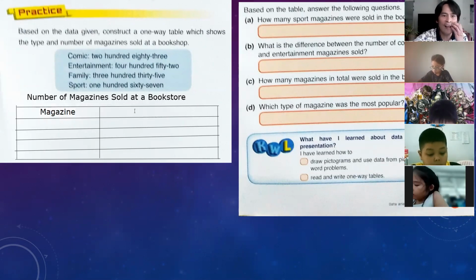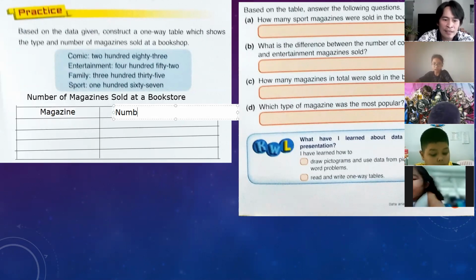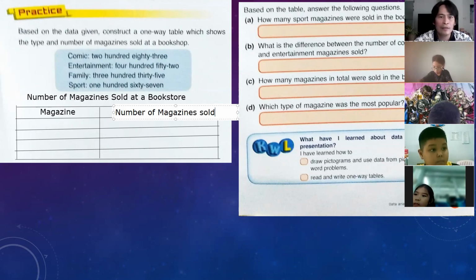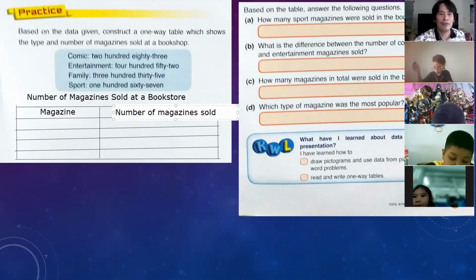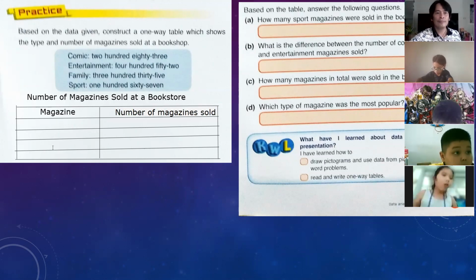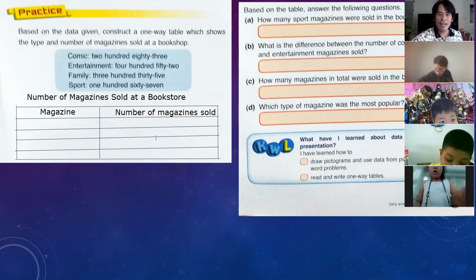And then the second column, just write the number of magazines sold. Since this is not a title, small letter m is okay. So you've got 3 points already if you finish this.